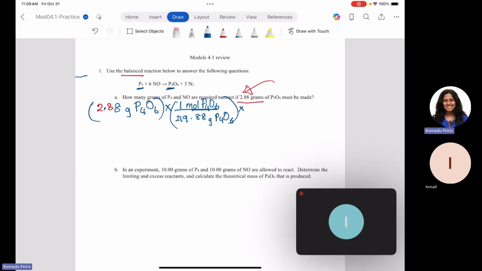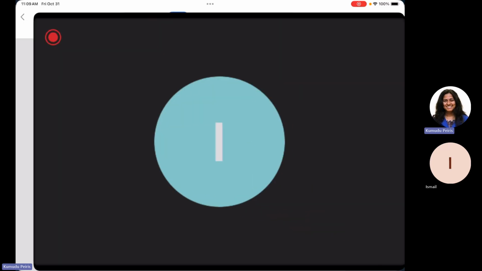So I take 1 mole of P4 divided by 1 mole of P4O6. And then now I have this in the moles of P4.